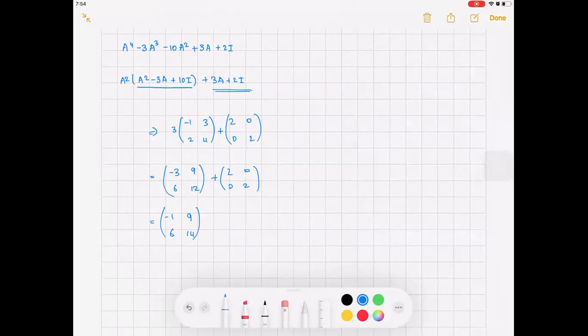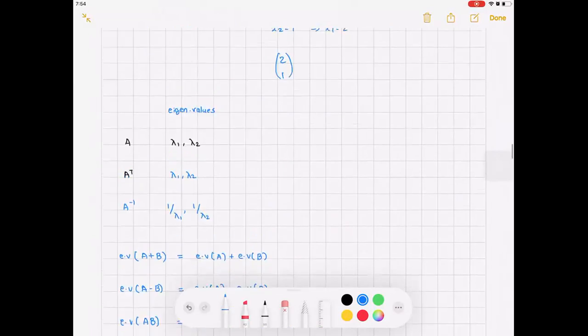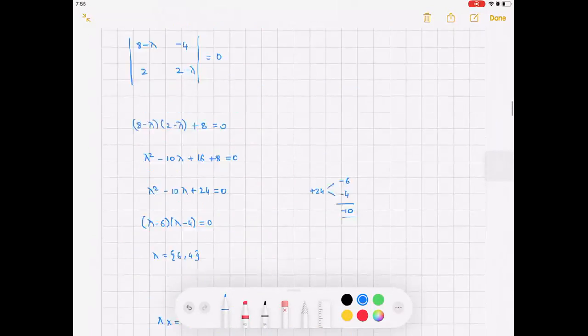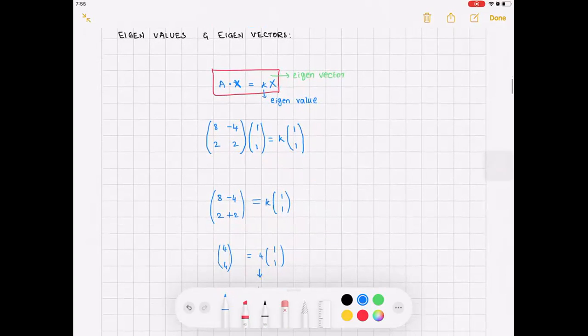So I think these are the concepts that I wanted to discuss for today's class. I'll give a small recap. For a given matrix, eigenvalues and eigenvectors are always for a square matrix only.